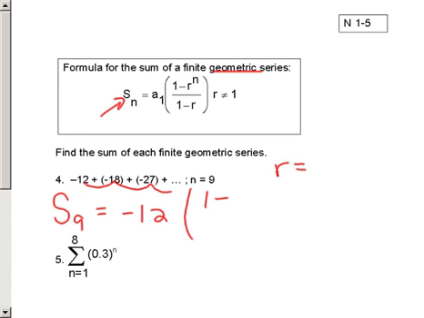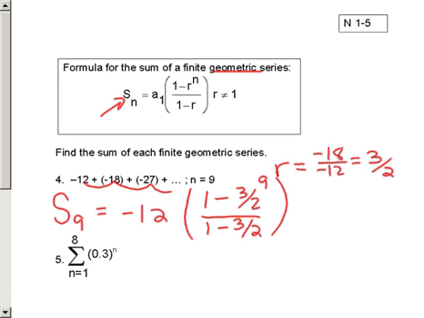The ratio. Is it 18 over 12 or 12 over 18? So negative 18 over negative 12 reduces to what fraction? 3/2. To the 9th power over 1 minus 3/2.